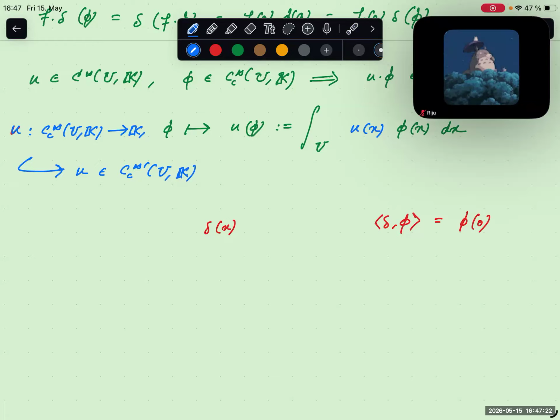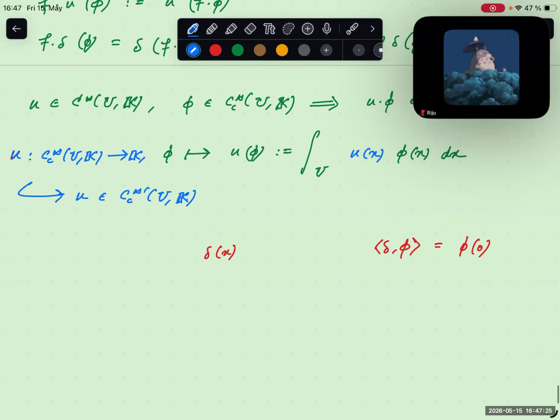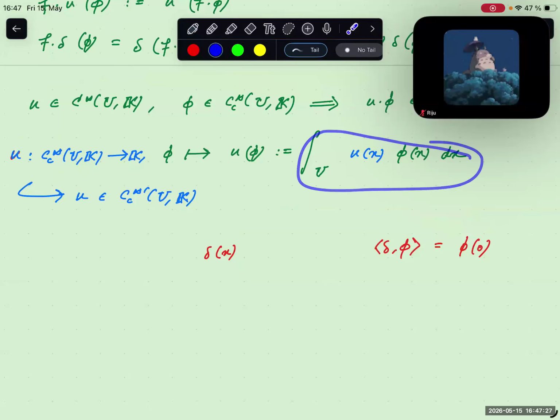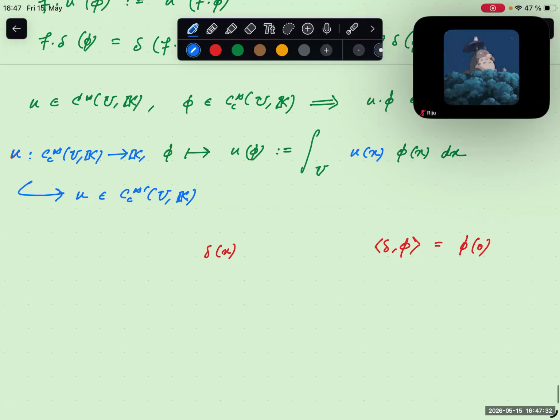But this is a very specific type of distribution, which can be written in terms of integration. And this has a name. This is called a regular distribution.